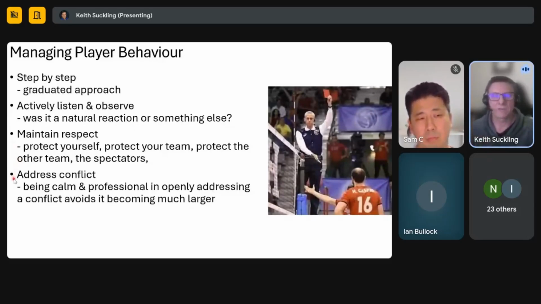Next, talk about addressing conflict. This is one of those things that's very easy to try and avoid. Lots of people like avoiding conflict when they start to see it and go, yeah, that's okay, they'll sort it out. It's like, no. You're the one in charge. You're the one who has the authority. You're the one who needs to be visible and calm in stepping in and going, hey, look, this looks like it's happening between you two.